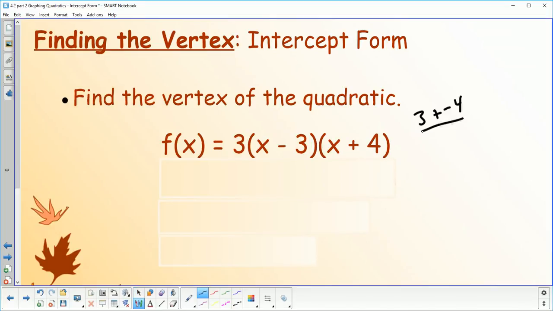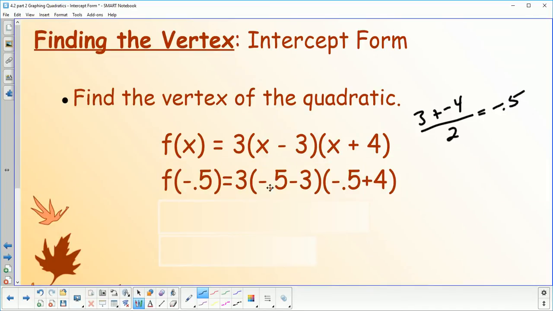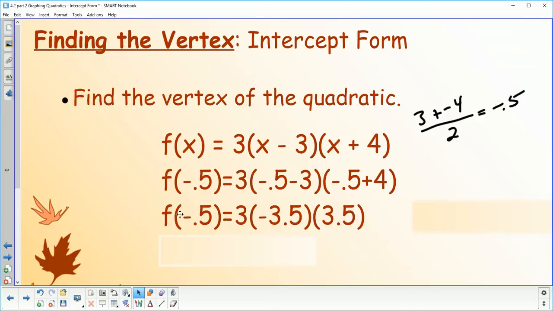In our example here then, I'm going to take my p plus my q, 3 and negative 4, and divide them by 2, and that is going to give me negative 0.5. Okay, so I'm going to plug that in. I get 3 times (negative 0.5 minus 3) times (negative 0.5 plus 4), because here I just have negative 0.5 in for x. So if I simplify inside my parentheses, f of negative 0.5 equals 3 times, negative 0.5 and negative 3 simplify to negative 3.5, and negative 0.5 and 4 simplify to 3.5.